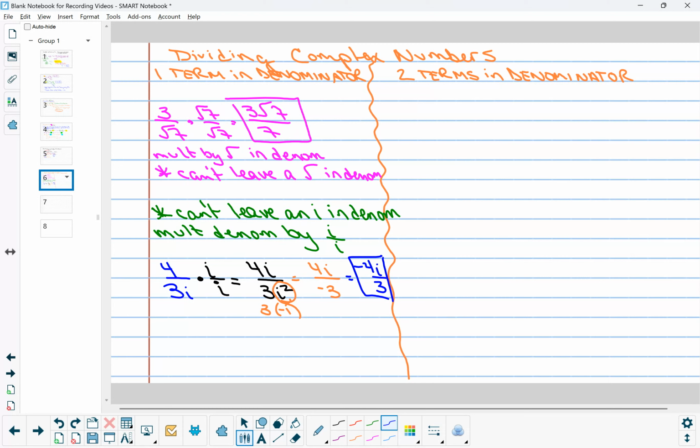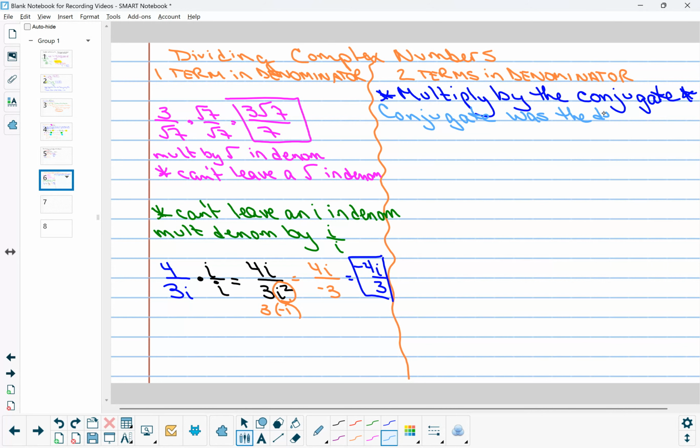Okay? Likewise, on this guy up here, we are going to multiply by the conjugate. Recall that the conjugate is the denominator with the middle sign changed.